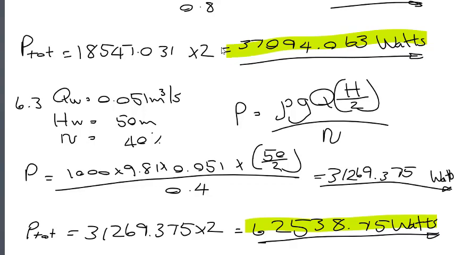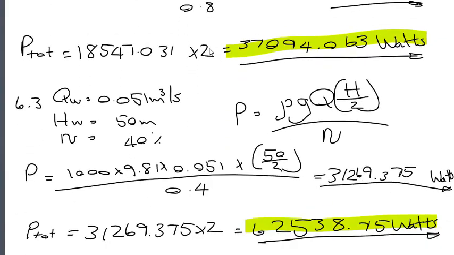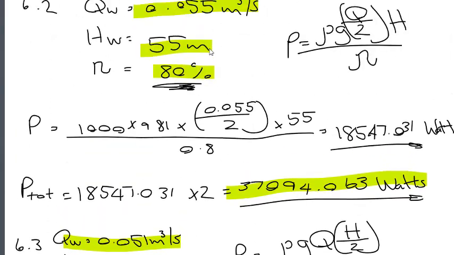If we look at the output, it's giving us 0.055 cubic meters per second and a head of 55 meters, and it's working at an efficiency of 80%. So it's much better than this one, where we have almost the same discharge and almost the same head, but the efficiency is sitting at 40%.